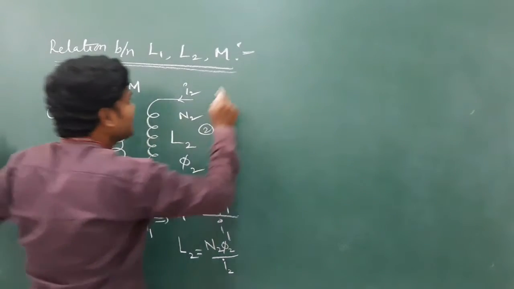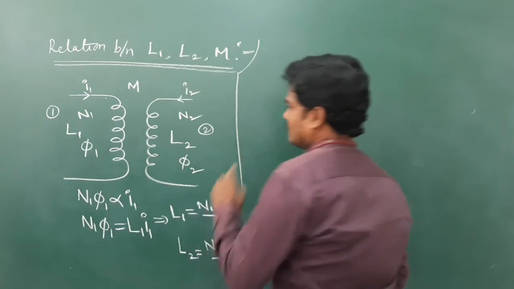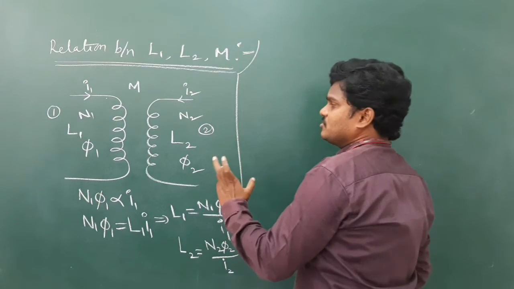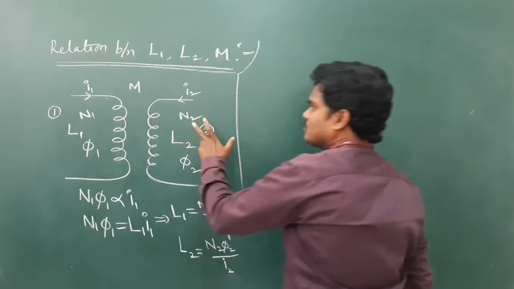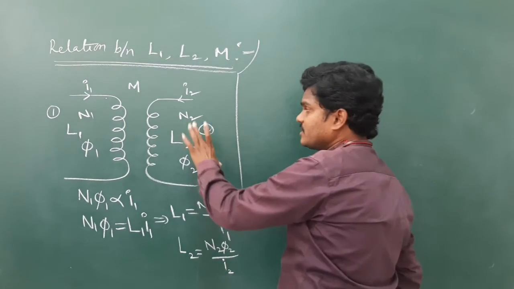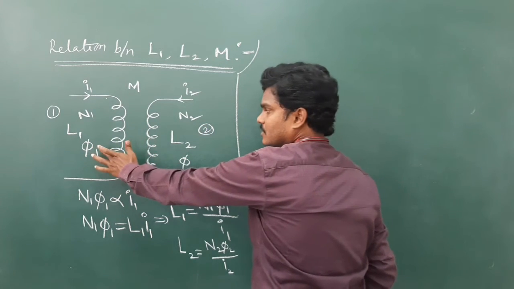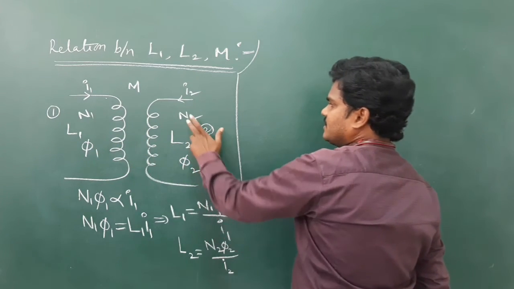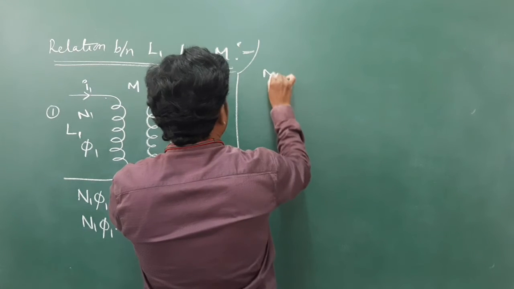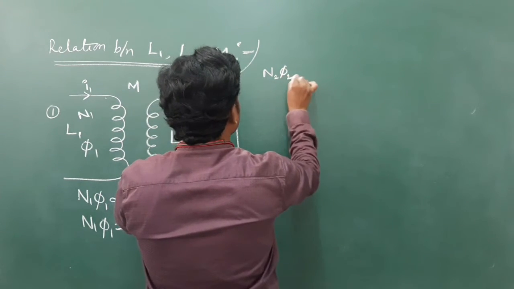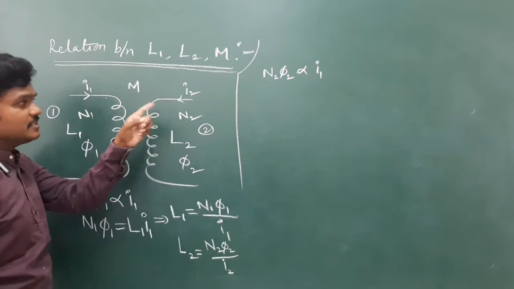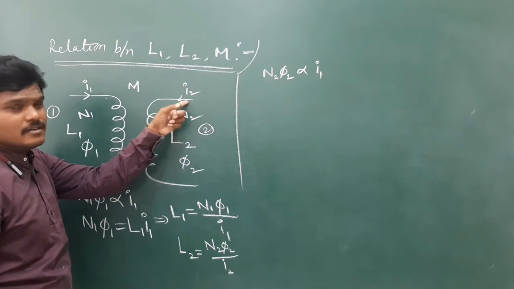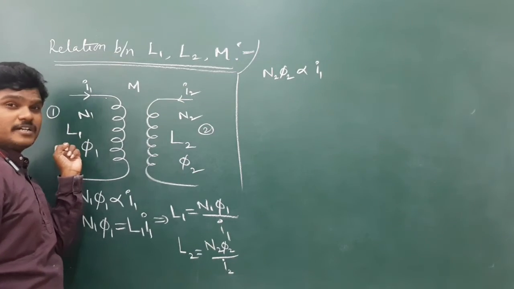So let me write the mutual inductance. To write the mutual inductance, this flux is proportional to this current. So the flux in the secondary, N2 phi 2, is proportional to I1. Flux in the secondary coil is proportional to current in the primary.